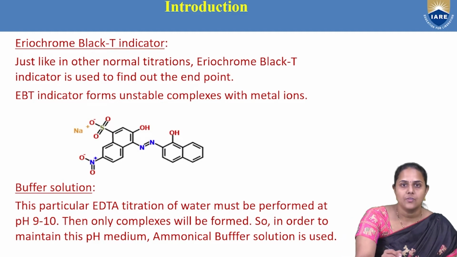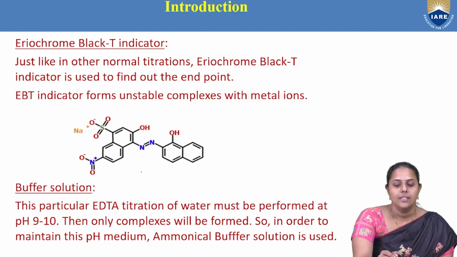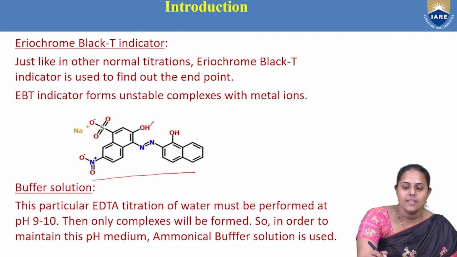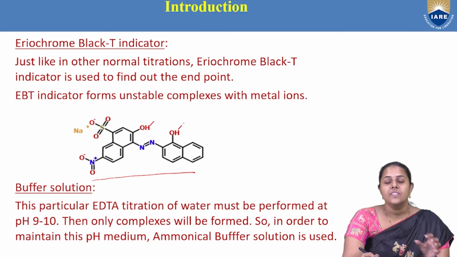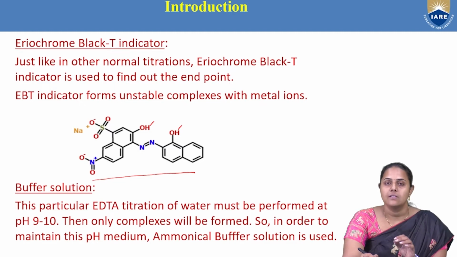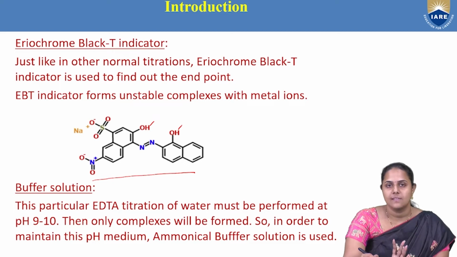If you see the structure, this is the structure of the EBT indicator, and here hydroxyl groups are present, right? When this EBT indicator comes in contact with metals, it will form complexes.